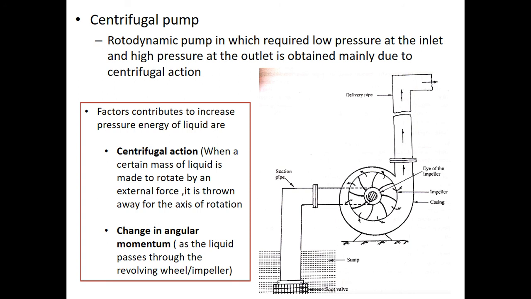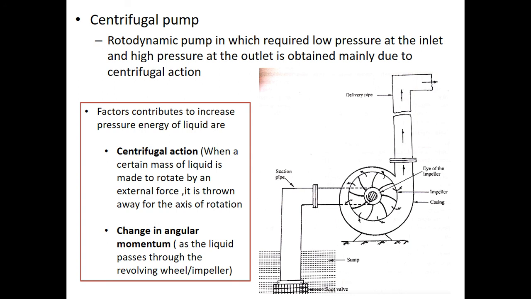It's a revolving wheel, and when the liquid passes through the impeller, the angular momentum of the liquid changes, which also results in increasing the pressure energy of the liquid. So the centrifugal pump is a rotodynamic pump in which the required low pressure at the inlet and high pressure at the outlet is obtained by the centrifugal action. These are the two factors which contribute to the increase in pressure energy of the liquid. One is centrifugal action, and the second is the change in angular momentum when the liquid passes through the revolving wheel or the impeller.